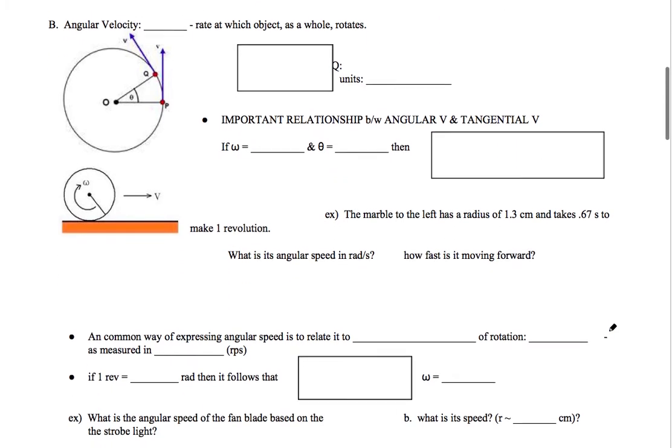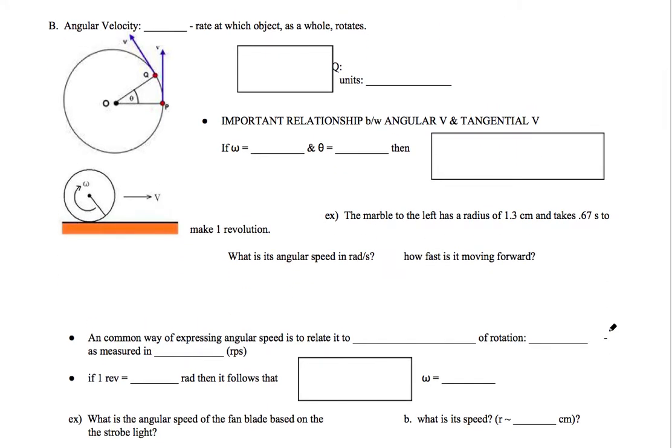Now angular velocity is given the symbol, the lowercase omega, it looks like a W, and it's the rate at which an object rotates. Just like velocity is a change in position over time, angular velocity is a change in angular displacement over time.